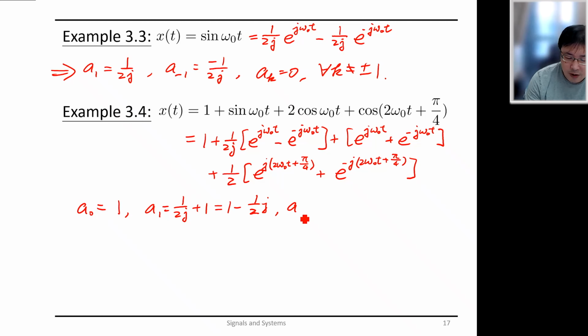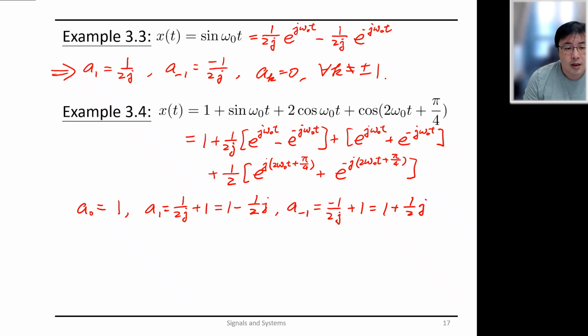Similarly for A sub minus 1, this should be the coefficient for the term e to the minus j omega naught t. So this becomes minus 1 over 2j plus 1, which is 1 plus 1 over 2j.